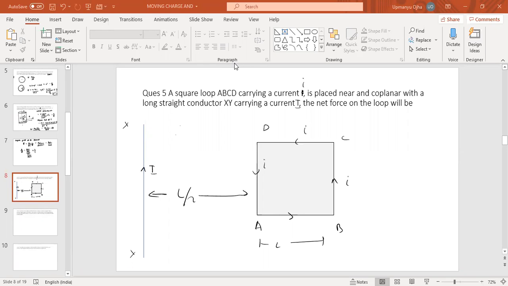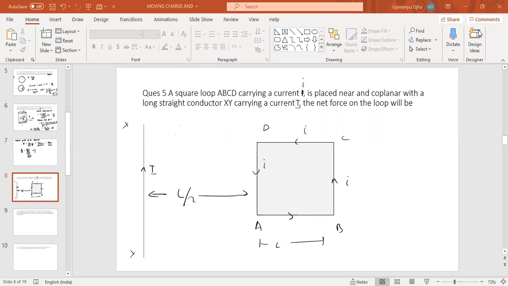BIL by 2. Mu naught I by 2. 2 by 3 mu naught I by pi.